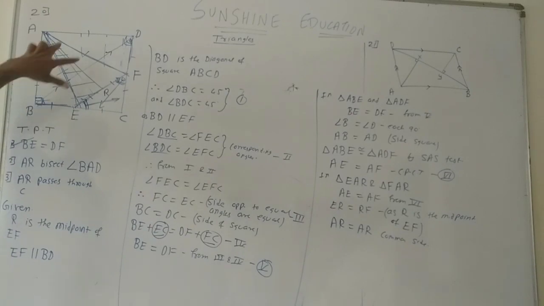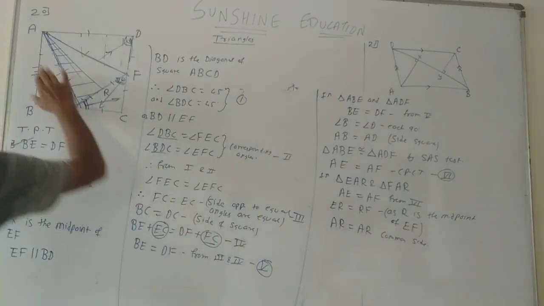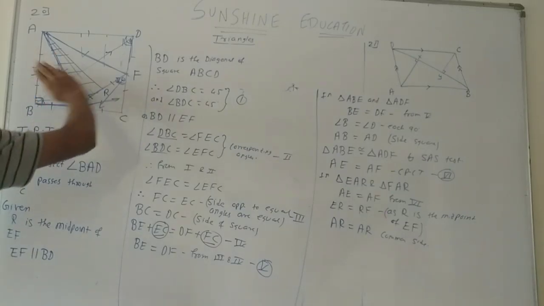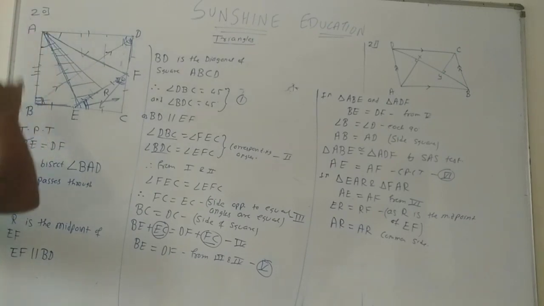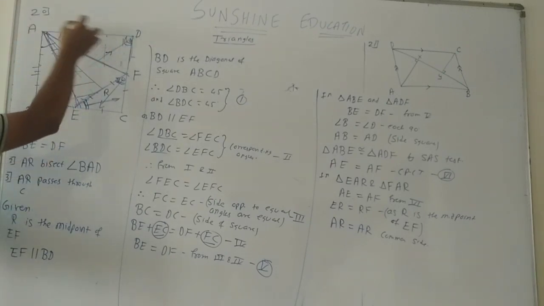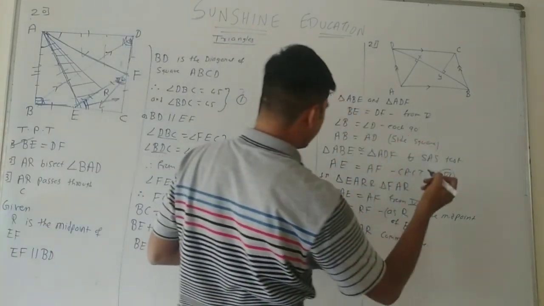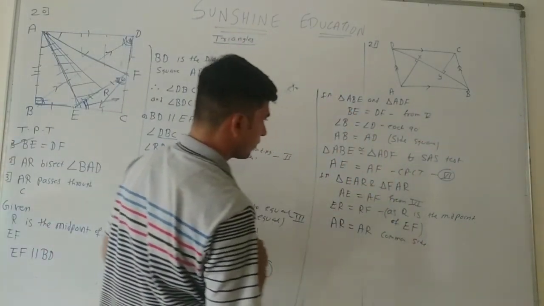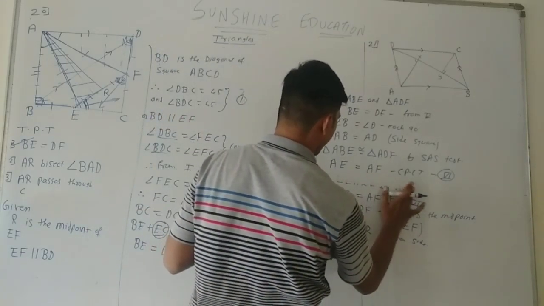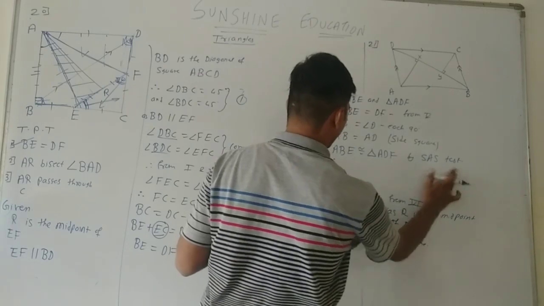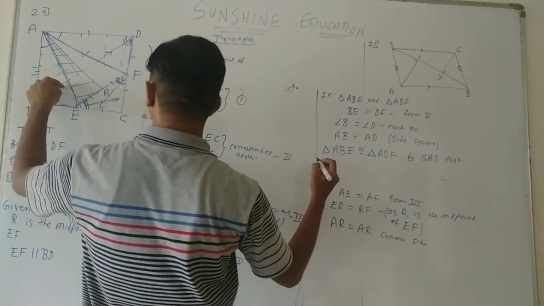Yes. When these two triangles were congruent, which two triangles? ABE, this part, and ADF, this part. Two triangles are congruent and angles will also be the same. That is BAE will be equal to DAF. I'll write it over here.